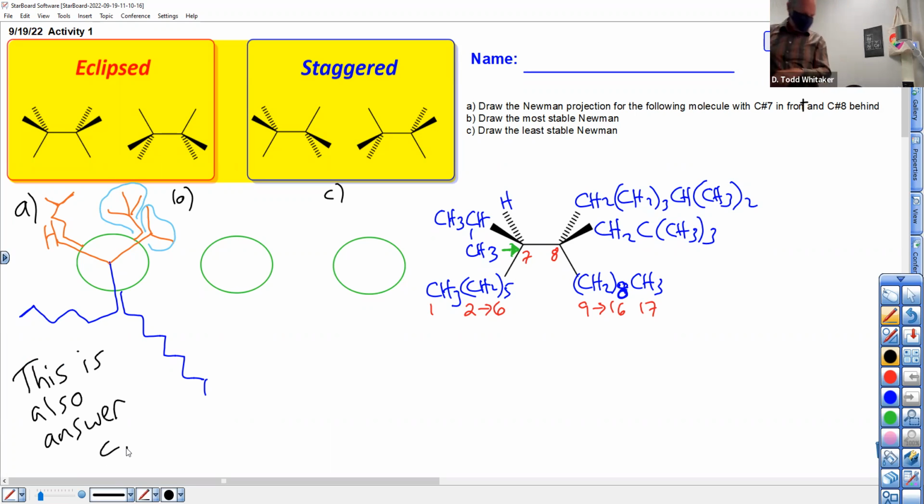Why are some of them attached in the middle, and some attached in the other corner? Well, the front carbon, you see the whole bond because your eyeball's here and the bond's right in front of your eye. The back carbon, carbon 7 is in the way, so you don't see the whole bond because it's hidden by carbon 7, which is right there. So everything up to about right there is hidden by carbon 7.